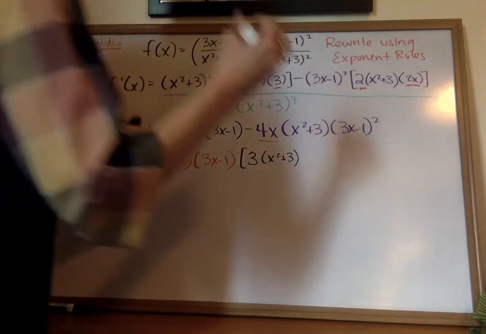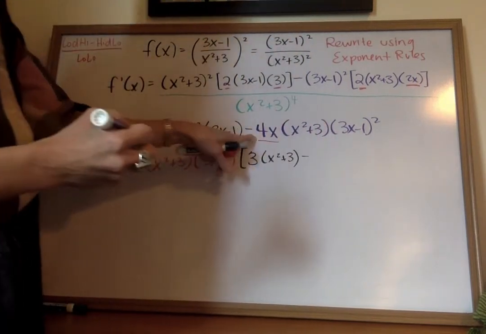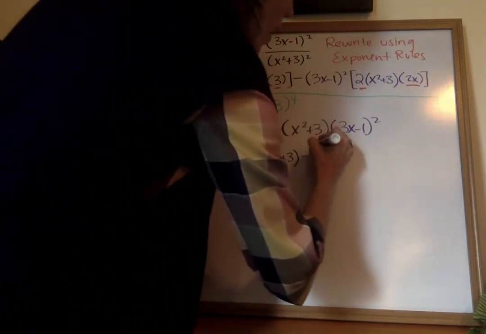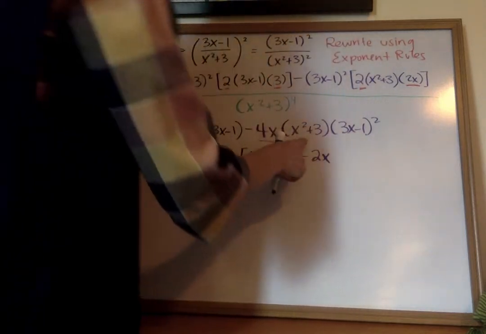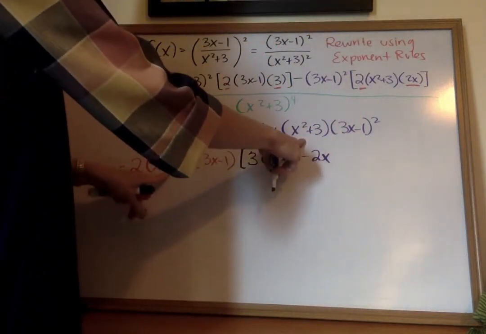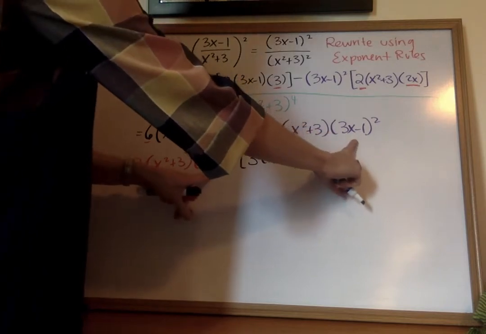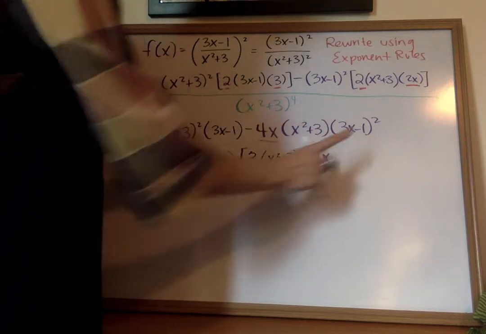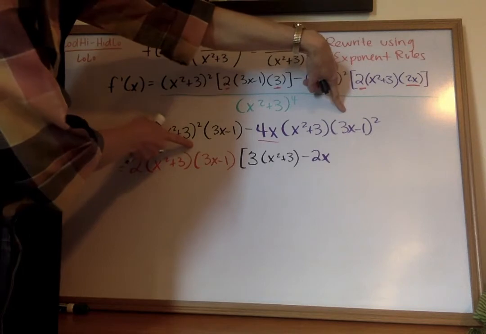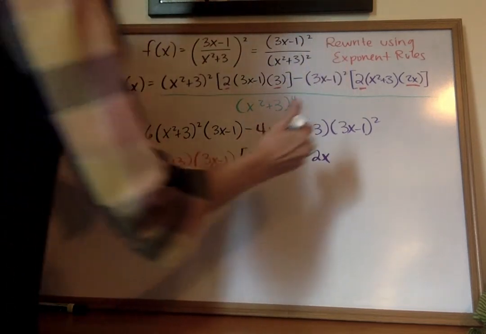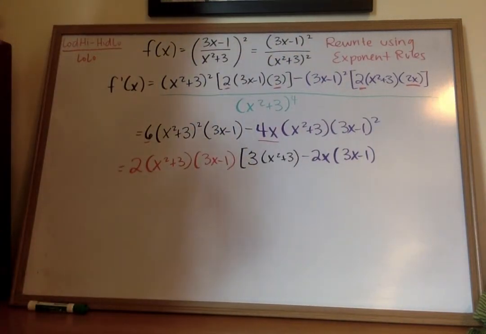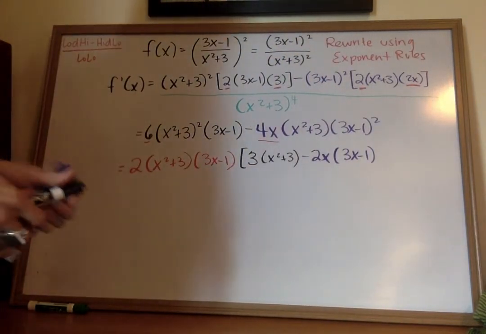Second half of the numerator, I'm now going to factor. 4x divided by 2 is 2x. x squared plus 3 divided by x squared plus 3 is 1. (3x minus 1) squared divided by 3x minus 1 is just 3x minus 1. And that is my simplified numerator, though of course not fully simplified.